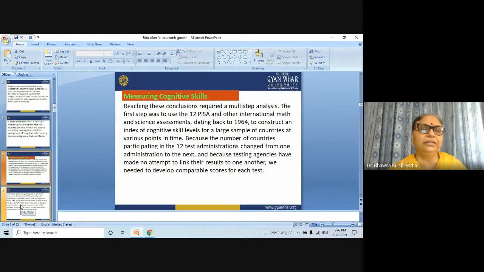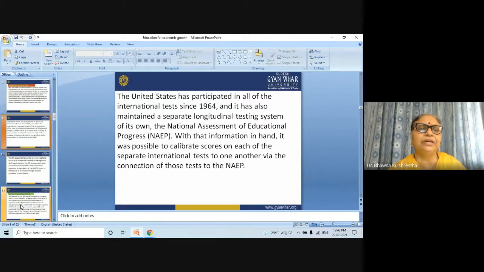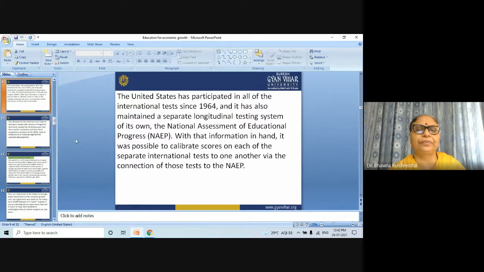The United States has participated in all of the international tests since 1964, and it has also maintained a separate longitudinal testing system of its own, the National Assessment of Educational Progress, NAEP.